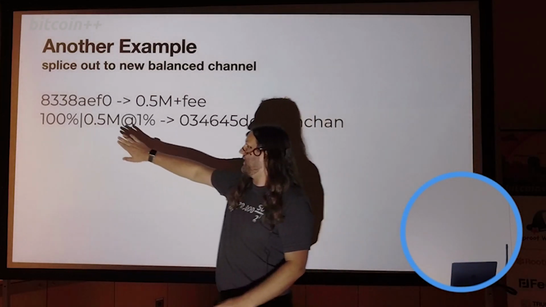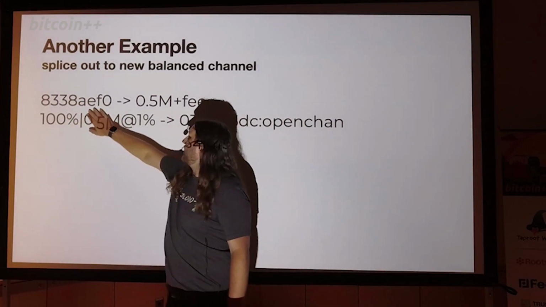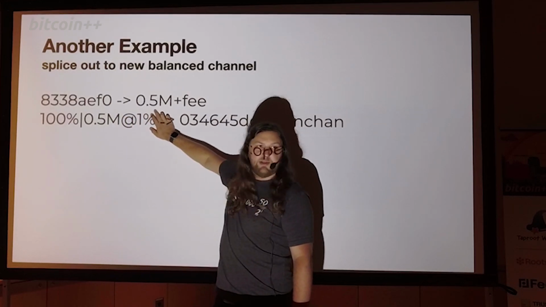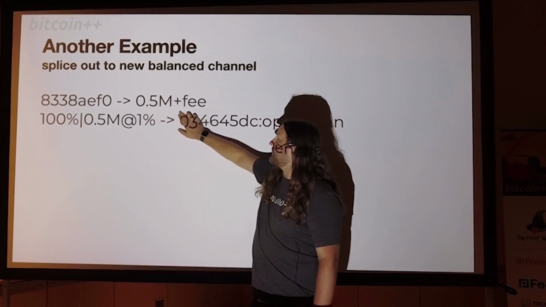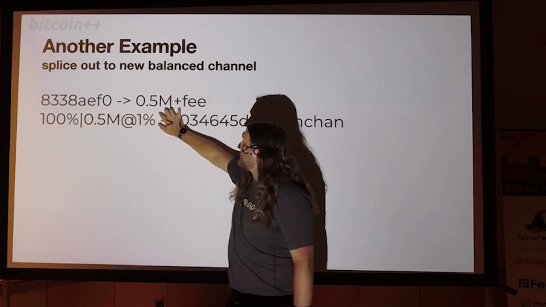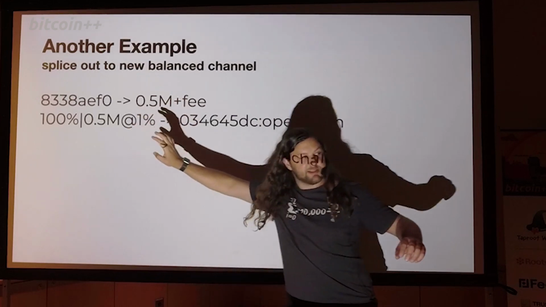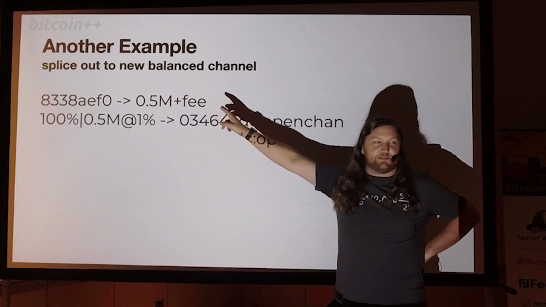Okay, so here we have a channel that we already have on our node. And we're going to take out, because of this arrow, 500,000 sats. Additionally, we're going to also extract whatever the on-chain fee is required. So this top line should be pretty recognizable. This is a splice out of 500,000 sats plus the fee.